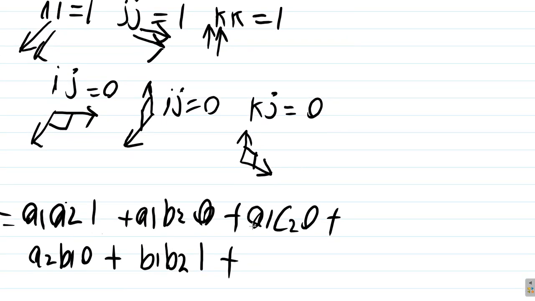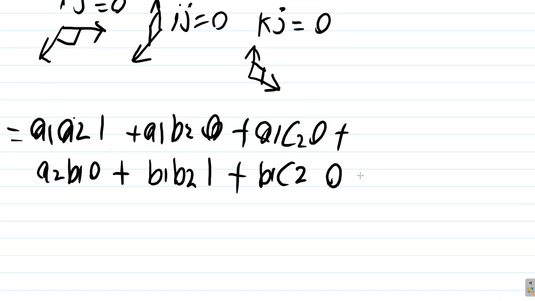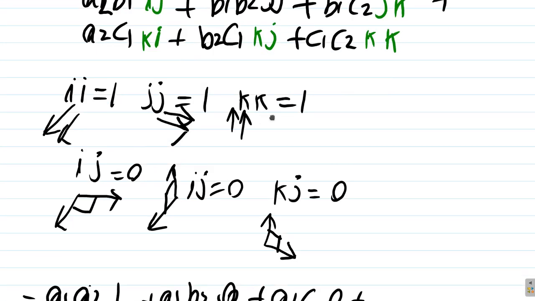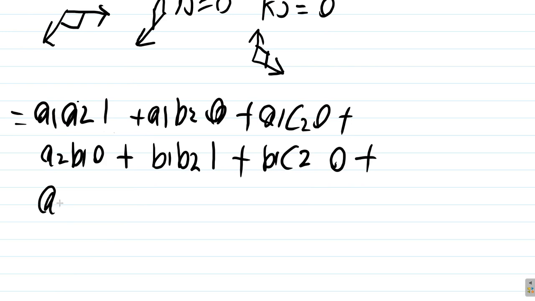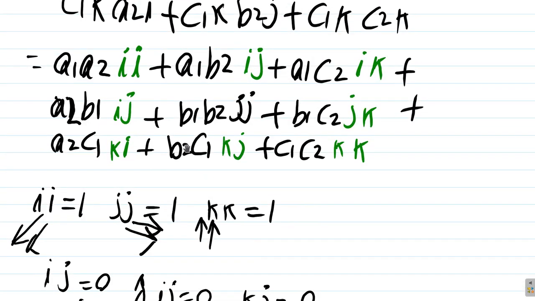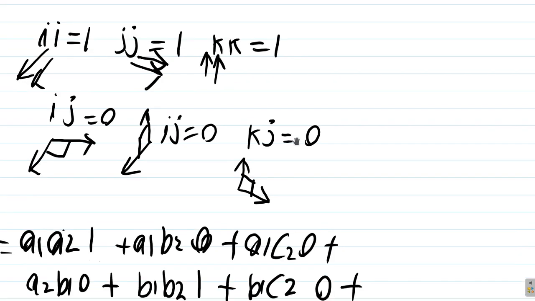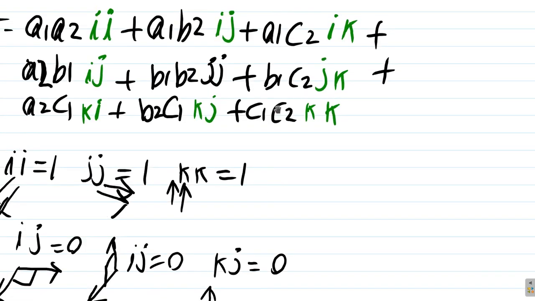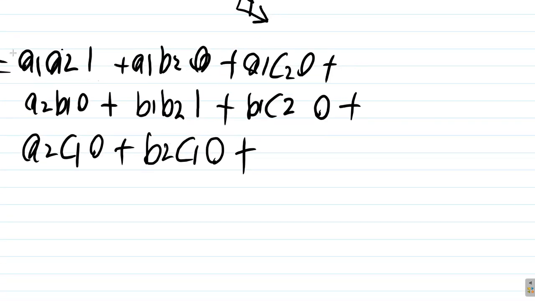So we have B1, C2, but JK is 0 plus, and then what happened below here? A2, C1, KI, but that's 0. So A2, C1, 0 plus, then we have B2, C1, KJ, which is 0. So B2, C1, 0 plus, and then C1, C2, KK. KK is 1, so it's C1, C2.